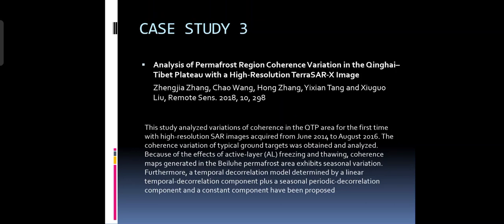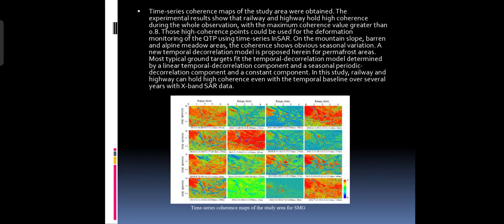Coherence maps generated in the Beiluhe permafrost area exhibit seasonal variation. Furthermore, a temporal decorrelation model determined by a linear temporal decorrelation component plus a seasonal periodic decorrelation component and a constant component has been proposed. The time series coherence maps of study areas were developed.